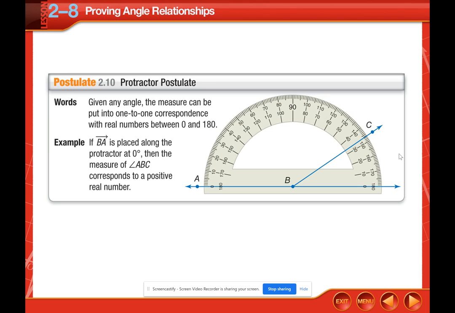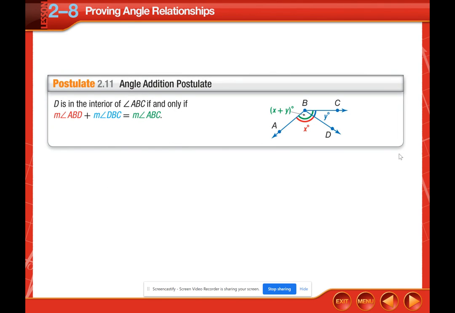You see in this case that A is located at 0, and I'm going around the outside of the protractor from left to right to measure this one to be, it looks like about 146 degrees. Postulate 2-11, I have an angle addition postulate similar to segment addition, but in this case we have the measure of the angles.